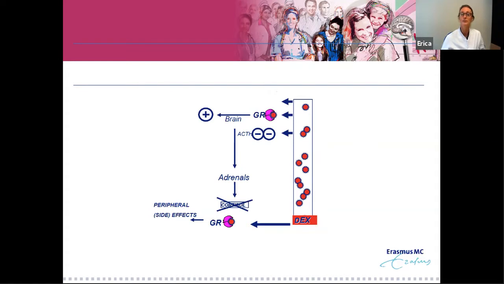For example, when you give dexamethasone. Dexamethasone travels through the blood, exerts its effects in the tissues, but it also gives an effect at the pituitary level to give a negative feedback. So the dexamethasone suppresses the endogenous production of cortisol in the body.